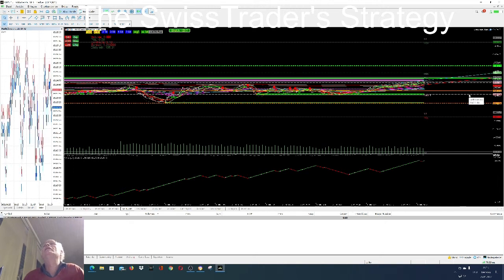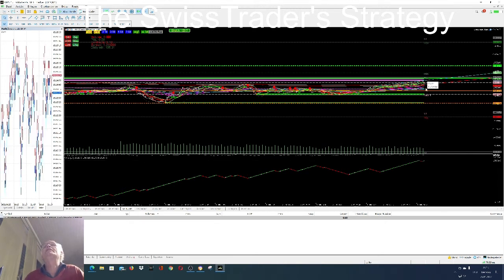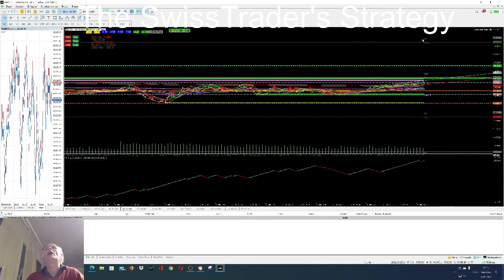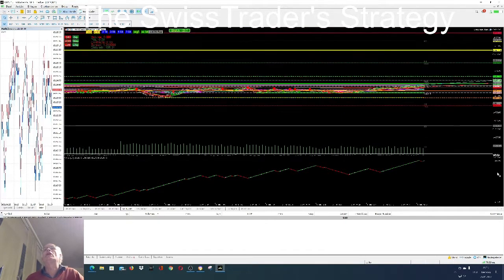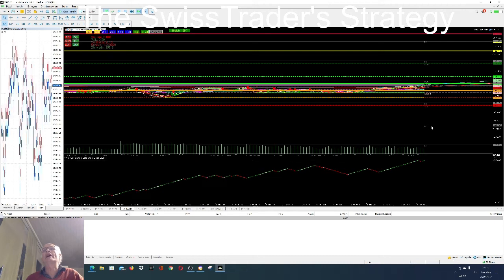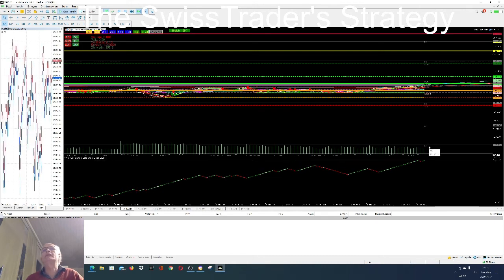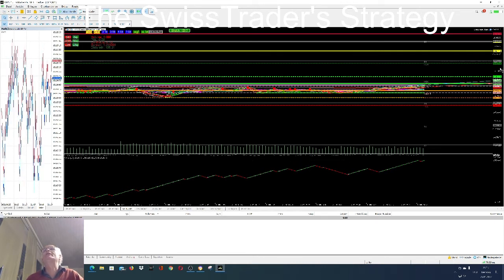Yes, this is the pivot. This is S1, R1 and so on, R2, S2, S3, these supports or these resistances.